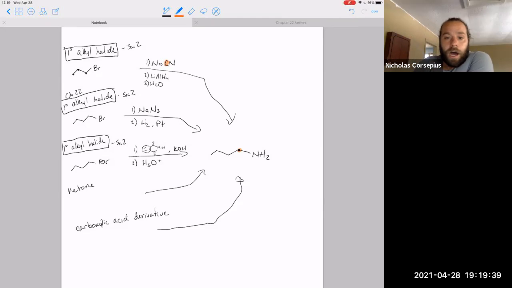Okay, if we have a ketone, this would be considered this reductive amination reaction. This is one of the more flexible of the reactions that we can use. So in this particular case, because it's a primary amine, we would be using ammonia.